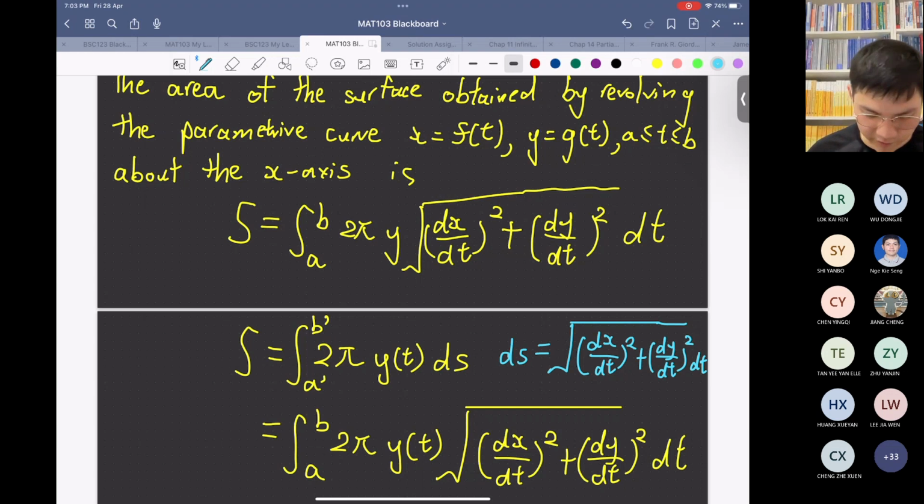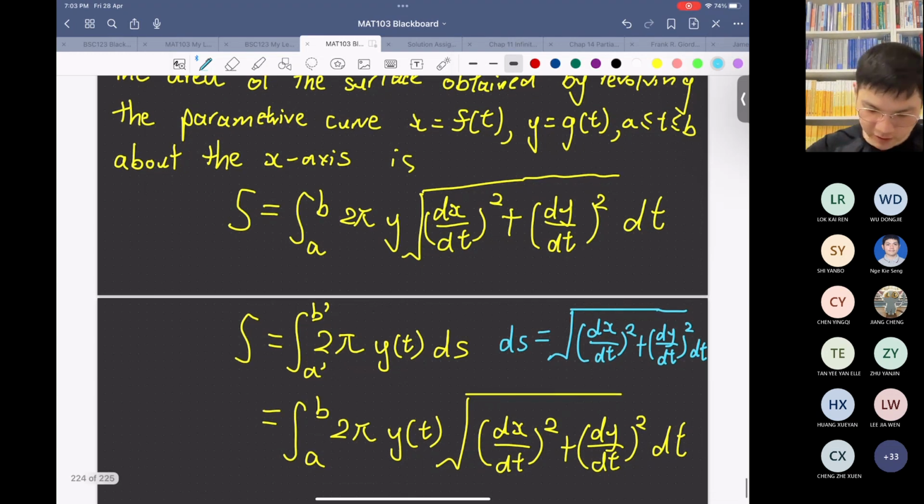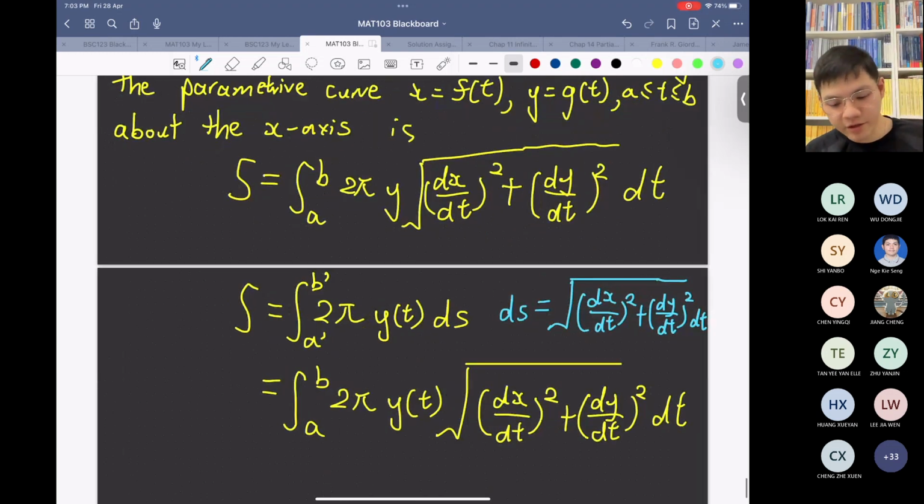I make this a change of variable. That's why you get this big chunk of square root, due to the length of the irregular, arbitrary curve.